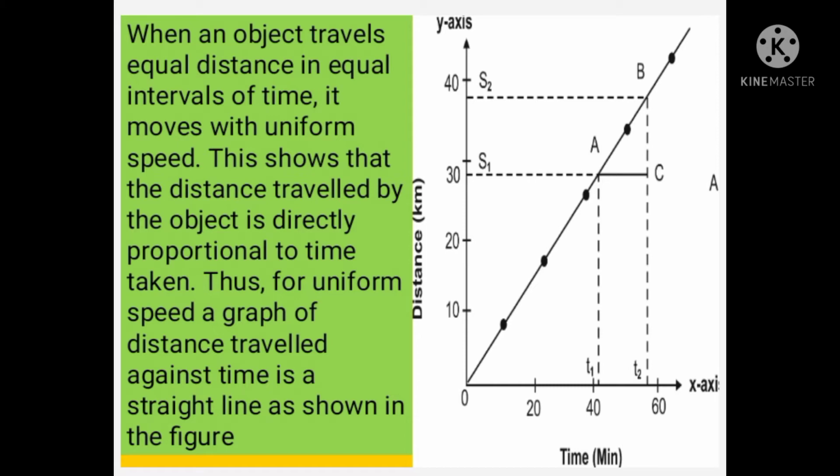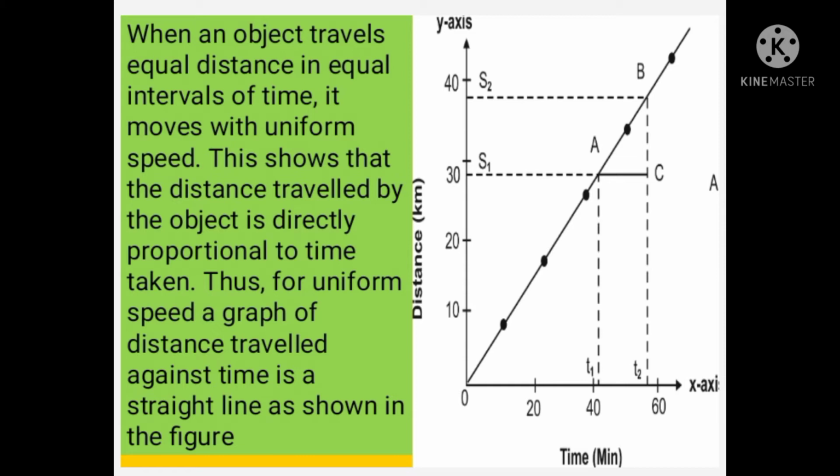This shows that the distance traveled by the object is directly proportional to the time taken. Thus, for uniform speed, a graph of distance traveled against time is a straight line as shown in the figure.